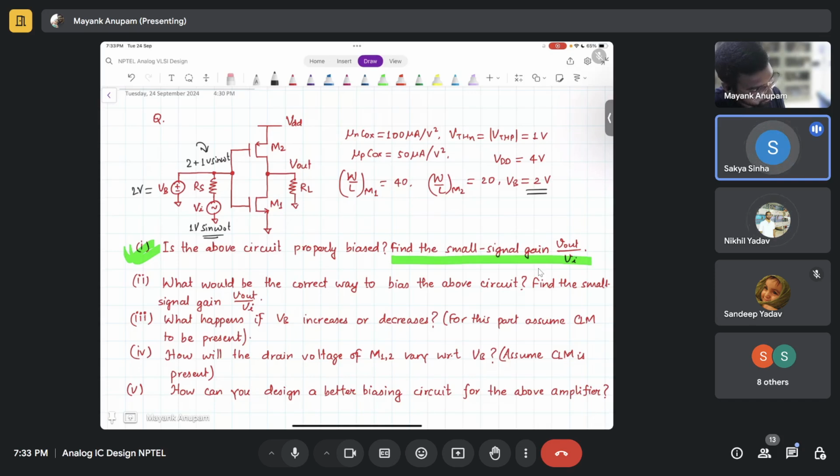I am saying it will go up to 3 volts and come down to 1 volt. In the time domain I am asking for the exact expression: 2 plus 1 volt sine omega t. But will it be this much? No, it will be only 2 volts.